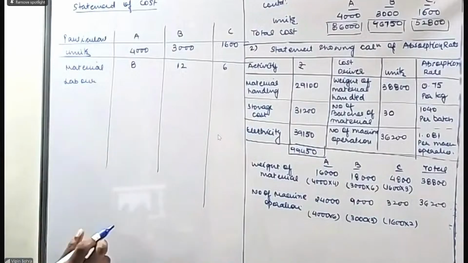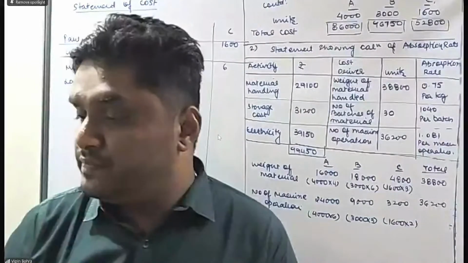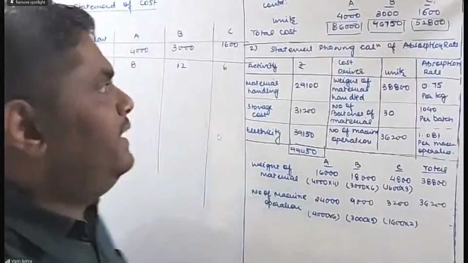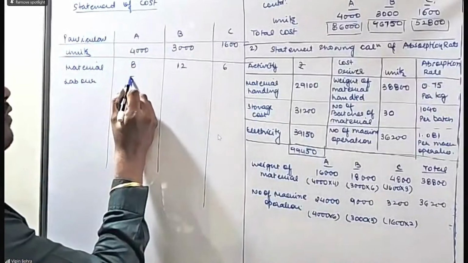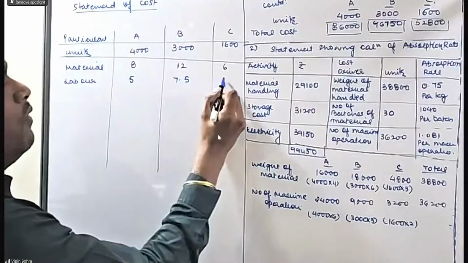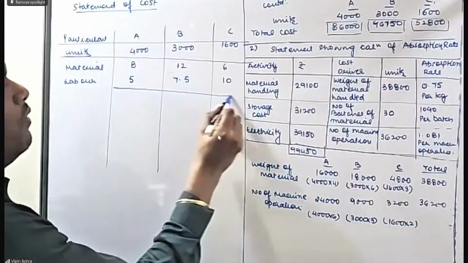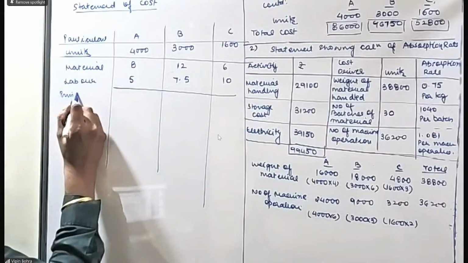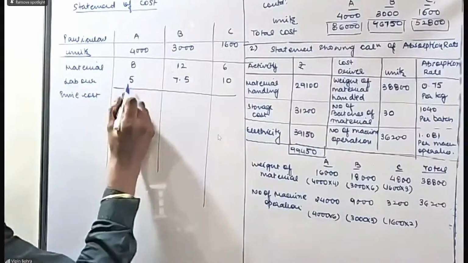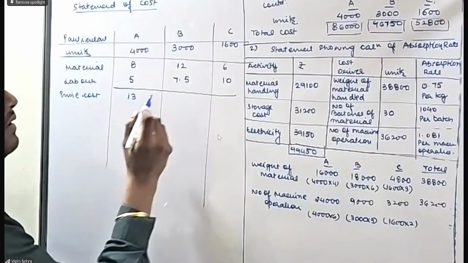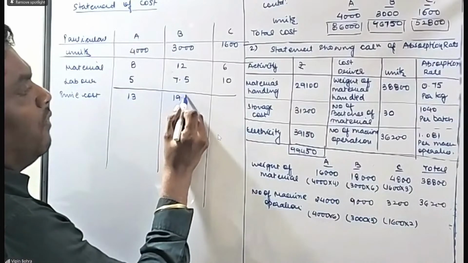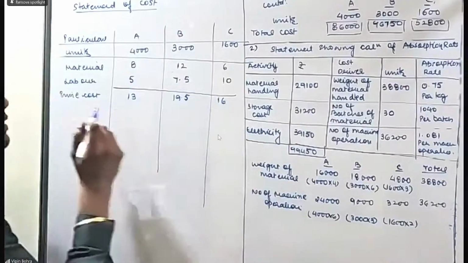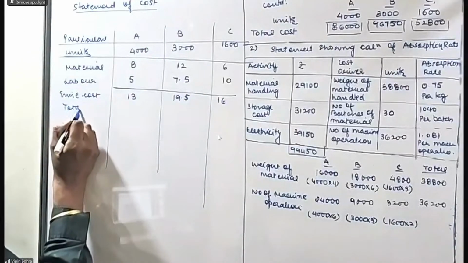When talking about the labor cost also, we have calculated that 5, 7.5 and 10. We call it the prime cost also. That is 8 plus 5, 13. So let's calculate the total.